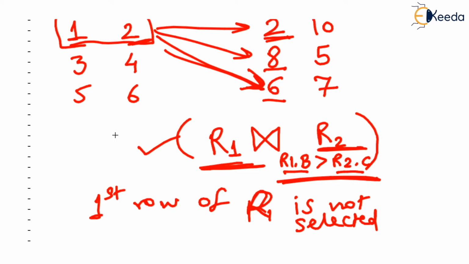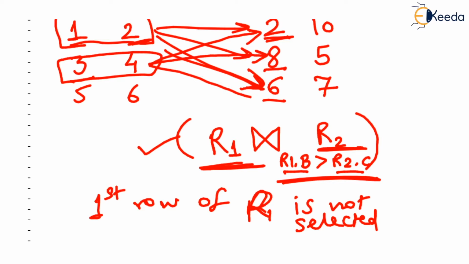What will happen for the second row? We are joining R1 with R2. Now 3, 4 will be joined with 2, 10, then 3, 4 will be joined with 8, 5, and 3, 4 will be joined with 6, 7. You can see that this 4, R1.B, is indeed greater than R2.C in one case, but this 4 is not greater than 8, and not greater than 6.